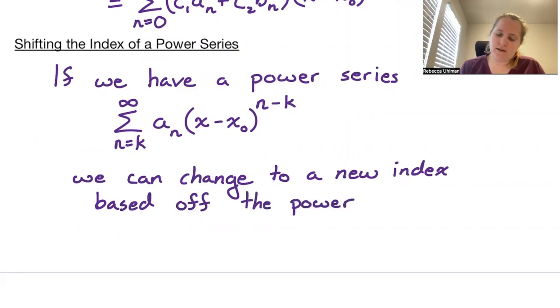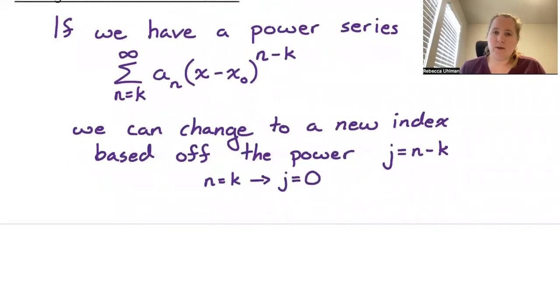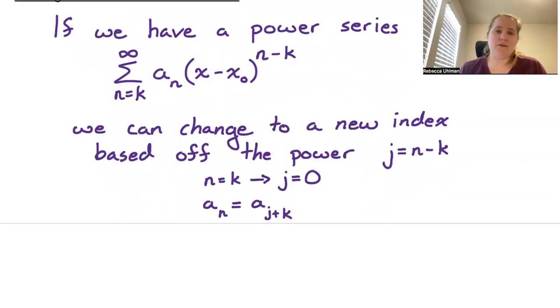So let's set j to be equal to n minus k. Then that means when n equals k, j would equal 0. We have a sub n would be equal to a sub j plus k. And of course, n minus k is equal to j.